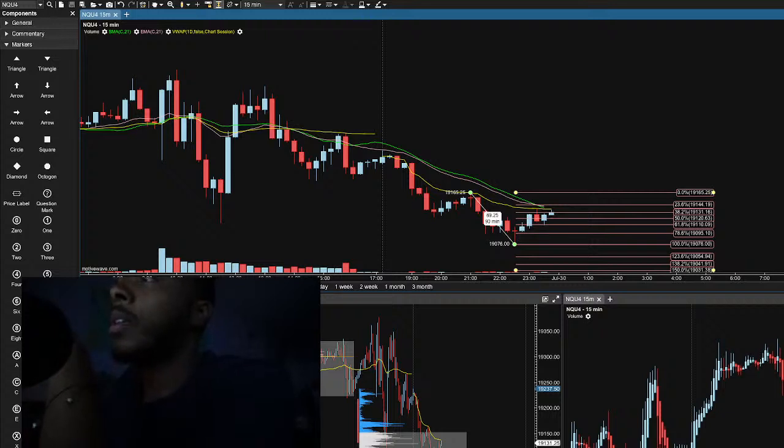I still like to have a glimpse of it just to see where the volume is going at certain prices. So you can see right here, this is called point of control, this orange line here. And point of control right now is at 110. And usually your price likes to go towards the point of control.